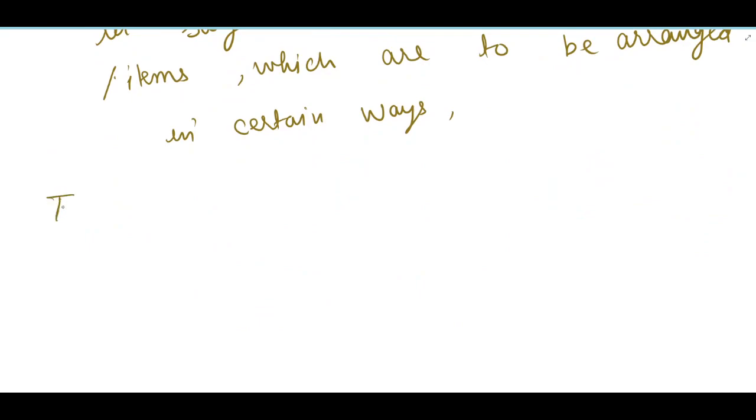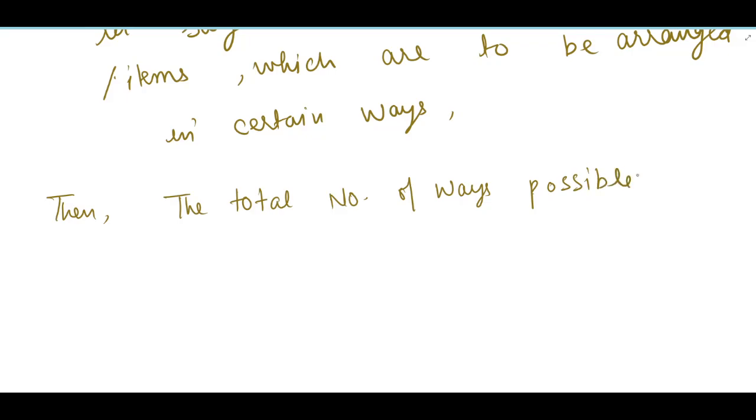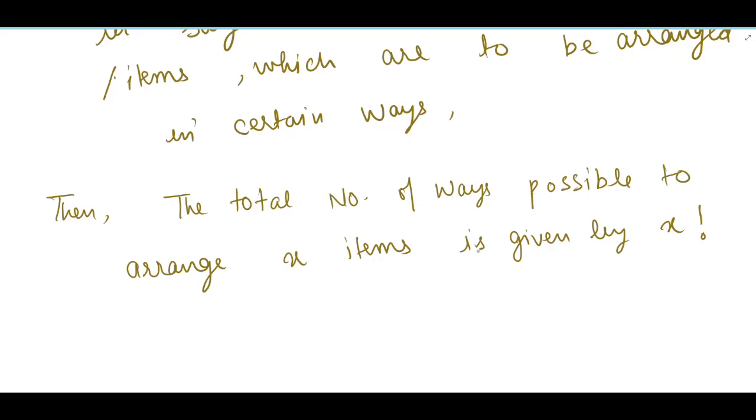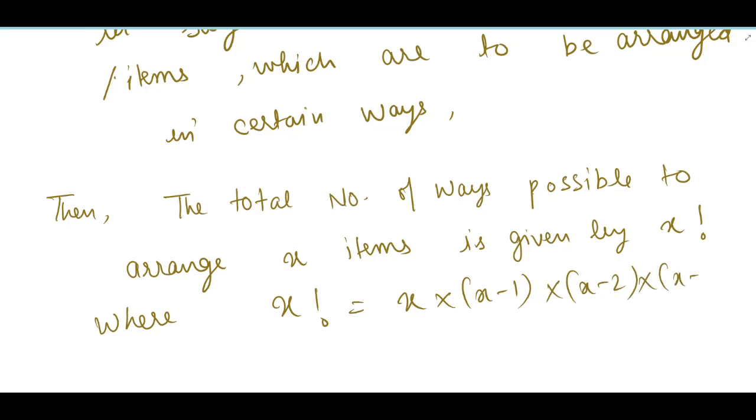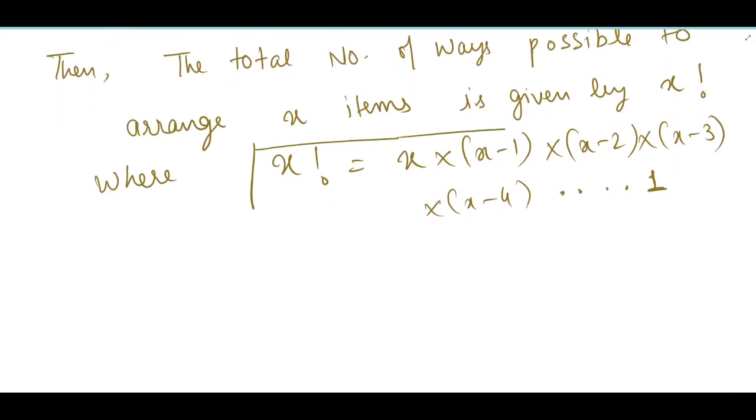Then the total number of ways possible to arrange x items is given by x factorial, where x factorial is equal to x into x minus 1 into x minus 2 into x minus 3 into x minus 4, and it goes on till 1. So this is how we write factorial of any number.